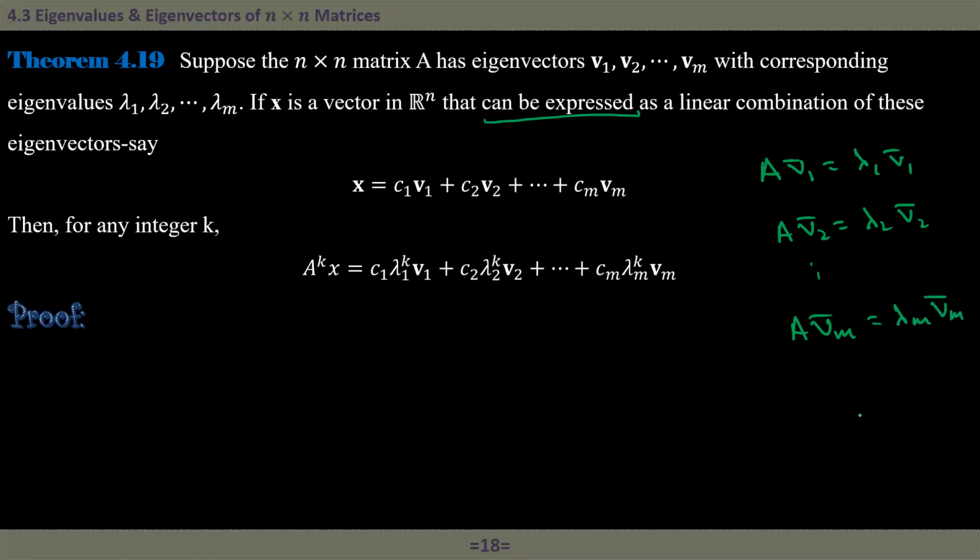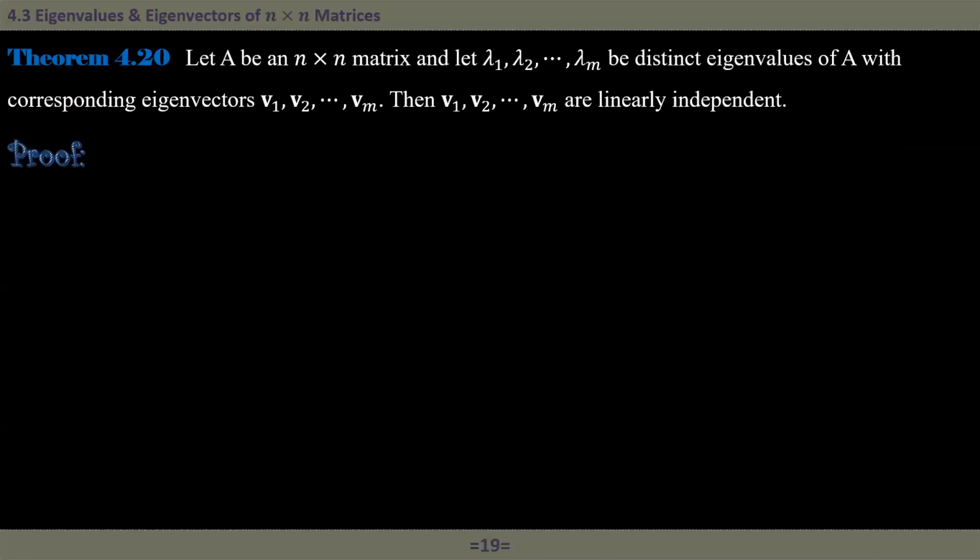And after that, we just substitute here and use the previous theorem, and you'll get this expression. That's the last theorem, very important, but the proof is a bit long. That's why maybe I'll do the proof in a separate video.